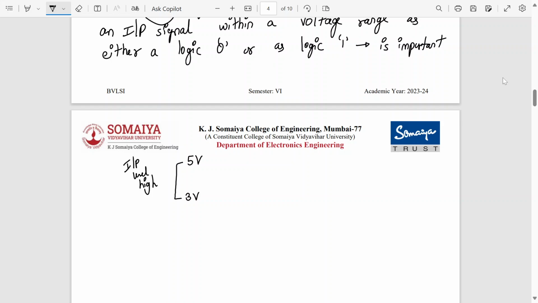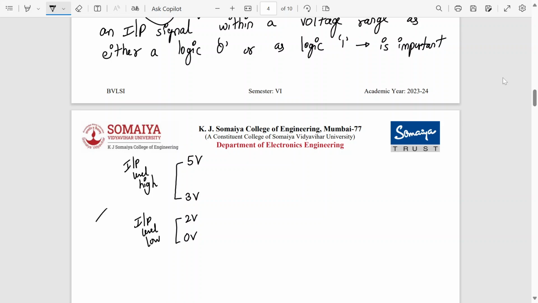And logic 0, that is input side only. What input can be correctly interpreted? Let's say it's 2 volts to 0 volt. So this is input level low. So these are levels: input level high, input level low.